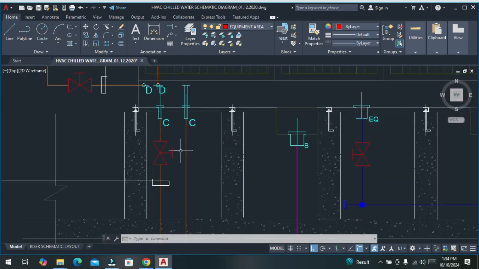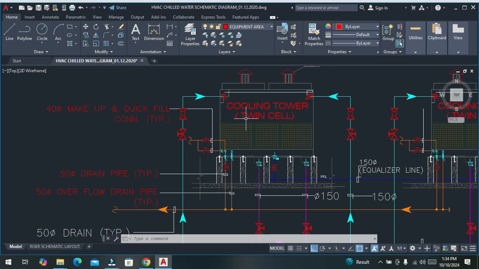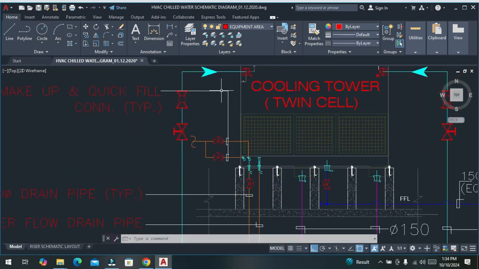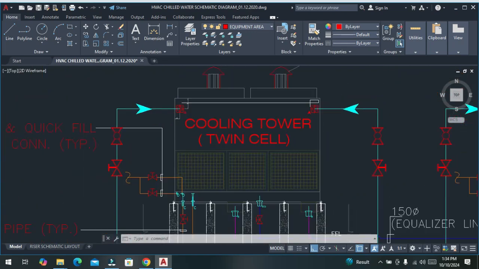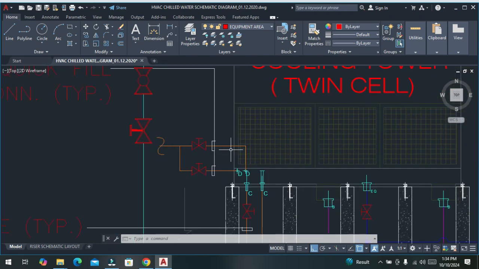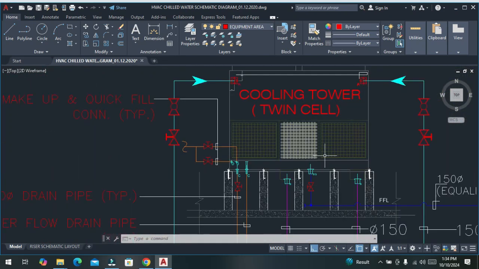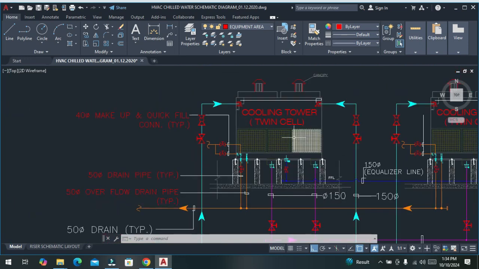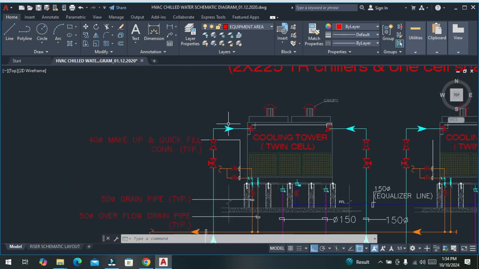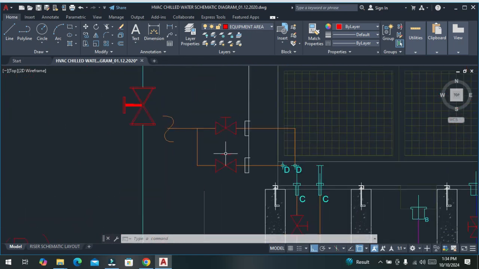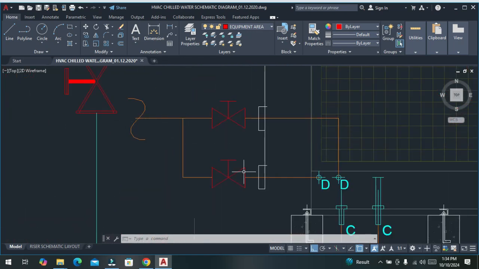Now let's discuss some more accessories on this cooling tower. Here we have makeup water. Due to evaporation loss during circulation, the water level decreases, so we can fill the water through this valve.